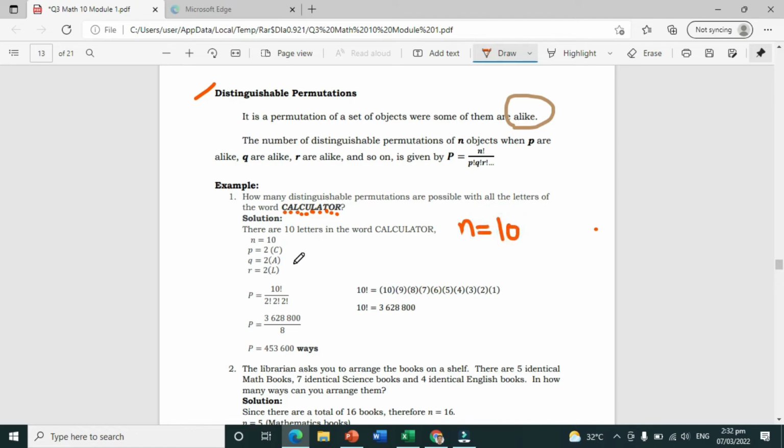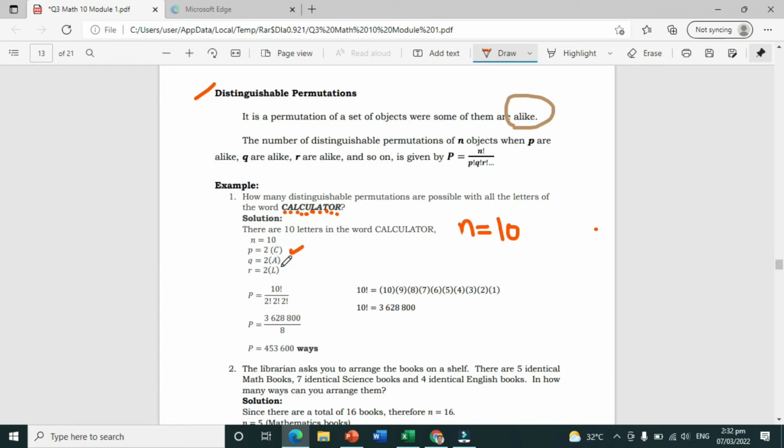But as you can see, out of the 10 letters, some letters are alike. Like this, C. How many C's are here? We have 1, 2. So, this will be our P. Not necessarily that it's a letter, but we just made it a variable intended for the letter C in the word calculator, which is two.